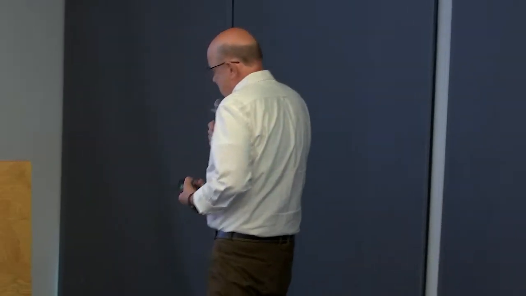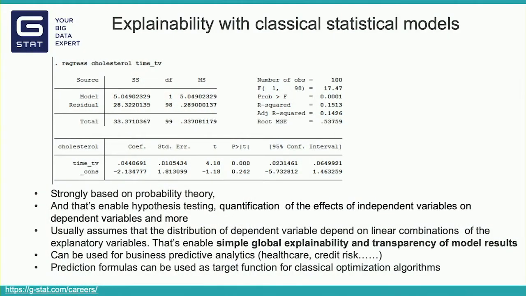Simple models which can be explainable, as I will define it, are the classical statistical models. This is an example of output of linear regression. The dependent variable is the level of cholesterol.